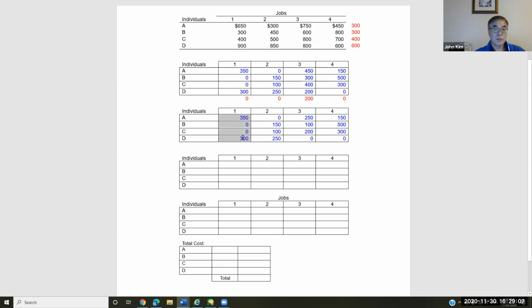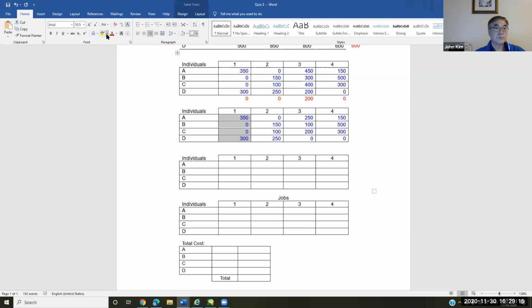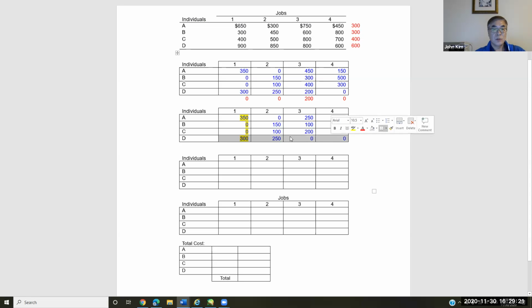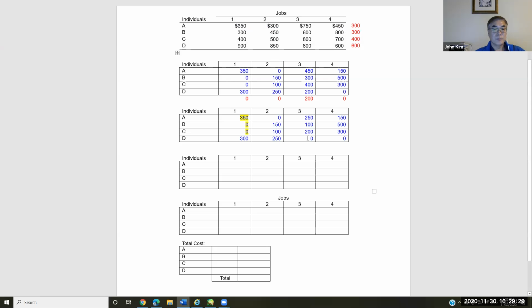So I will cover this column, and this row, there are 2, so I will cover it. Then it doesn't matter whether you cover this 0 using a horizontal or vertical line. I will use a horizontal line.